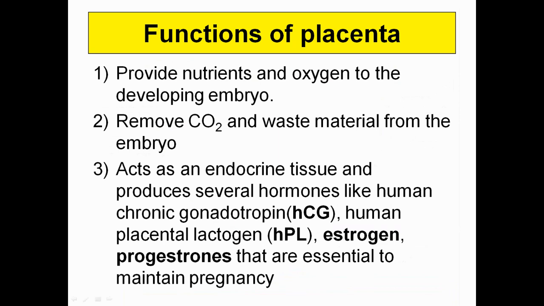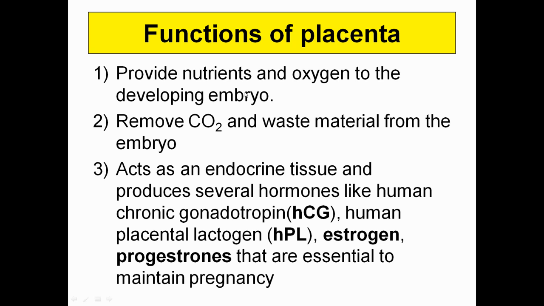Now comes to the functions of the placenta. This has been asked numerous times in CBSE board examination. You have to memorize all the 3 points altogether. It's going to provide all sort of nourishment along with the gases required by the embryo. And also, it is a means to remove all the waste material, that is in terms of gases, in terms of any sort of nitrogenous waste material.